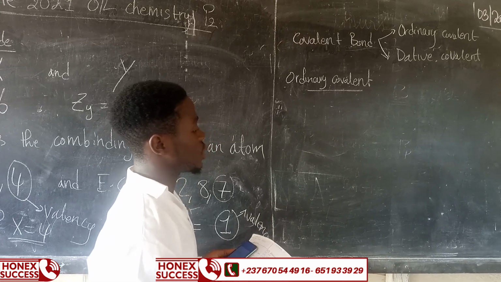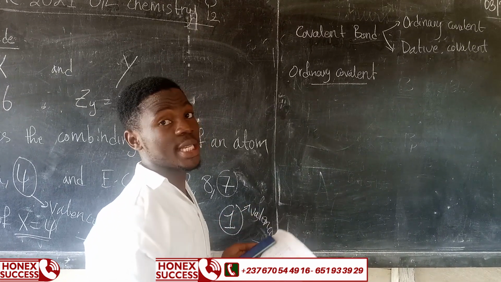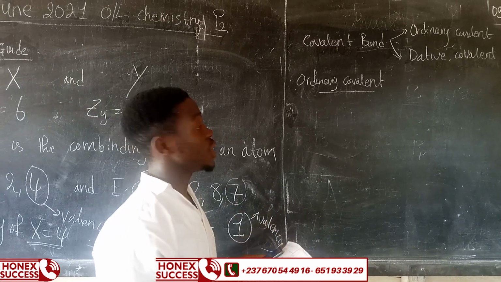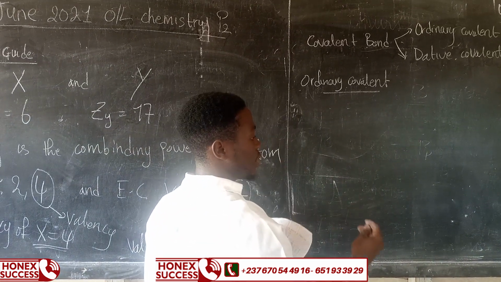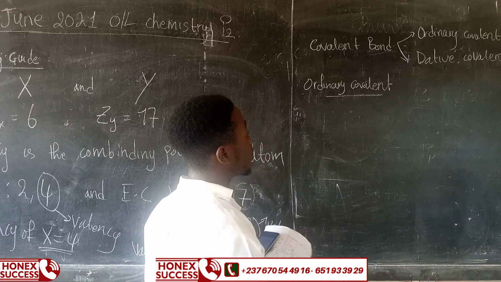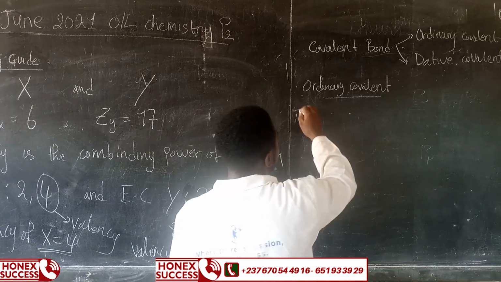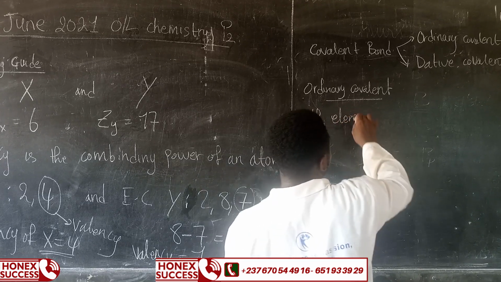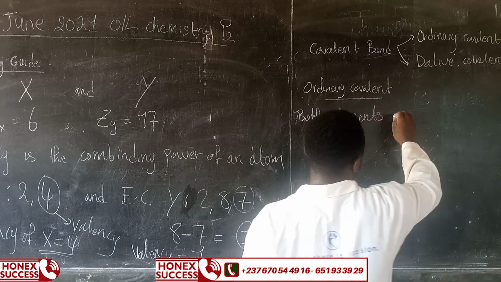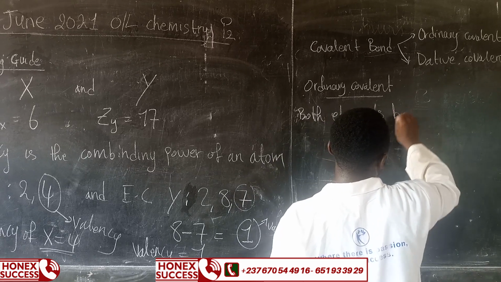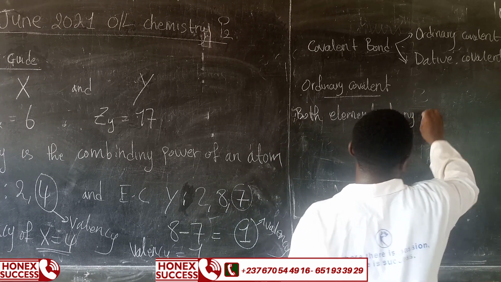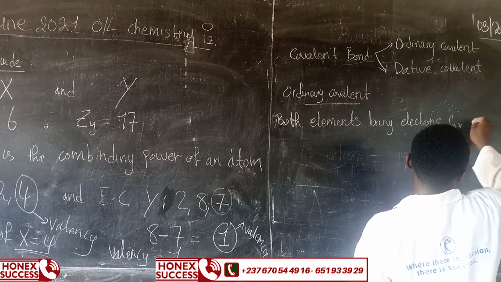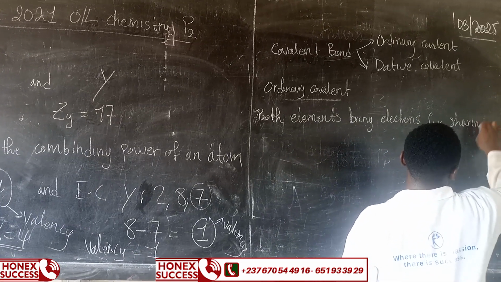Now, for an ordinary covalent bond, there is sharing. In the sharing of these electrons, each participating atom brings in electrons that are meant to be shared. So there is participation by both elements: both elements bring electrons for sharing.